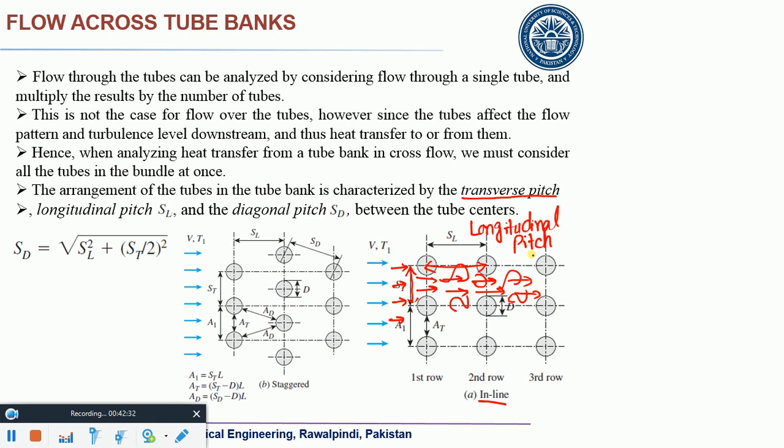What we can say is, this is the method how you define longitudinal and transverse pitch in case of inline arrangement. How can you do that for staggered arrangement? Now, obviously, this is the longitudinal pitch. This is transverse pitch. And then there is another pitch associated with this staggered arrangement, this one.